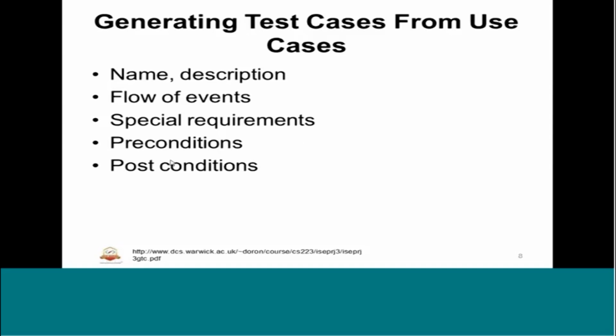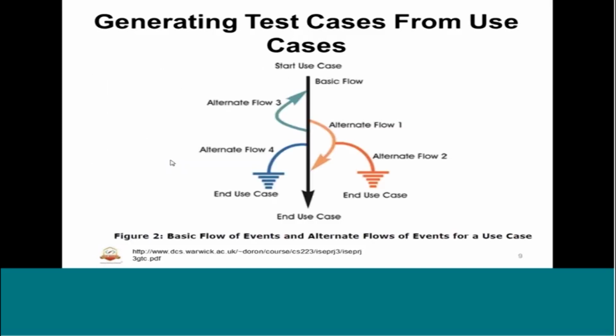Similarly, there are postconditions after the scenario is completed. Likewise, we have use cases, and accordingly we generate the test cases. You can see an example here, a basic flow of events and alternate flows. You can see the use case in the red marked ones.